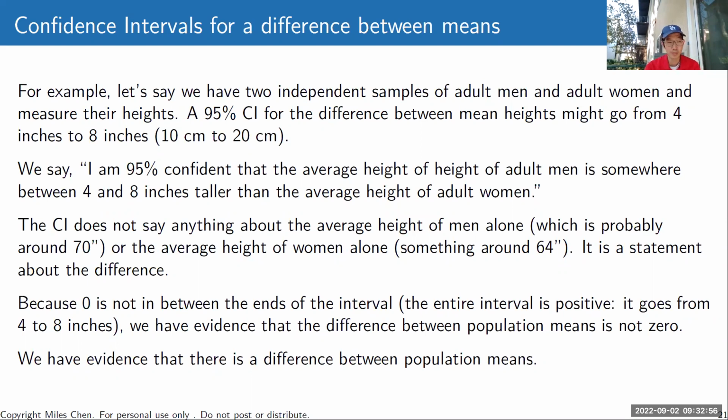And basically we're saying I'm pretty sure the difference is not going to be 0. And so we can say we have evidence that the height of the average man is higher than the height of the average woman. We'd say we have evidence that there is a difference.